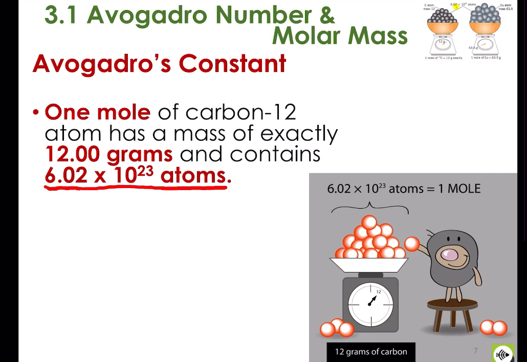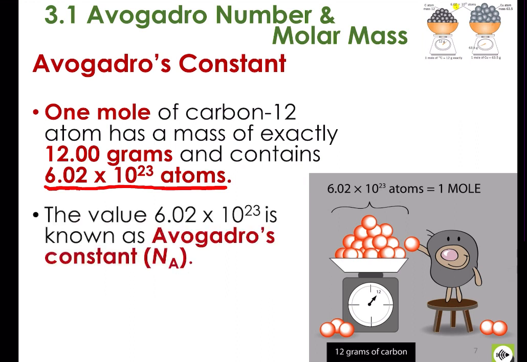I hope you can memorize this value because you will always see and use this value in your calculation. And this value is very famous, where we know it as Avogadro's constant. And its symbol we write as capital N with a subscript capital A.